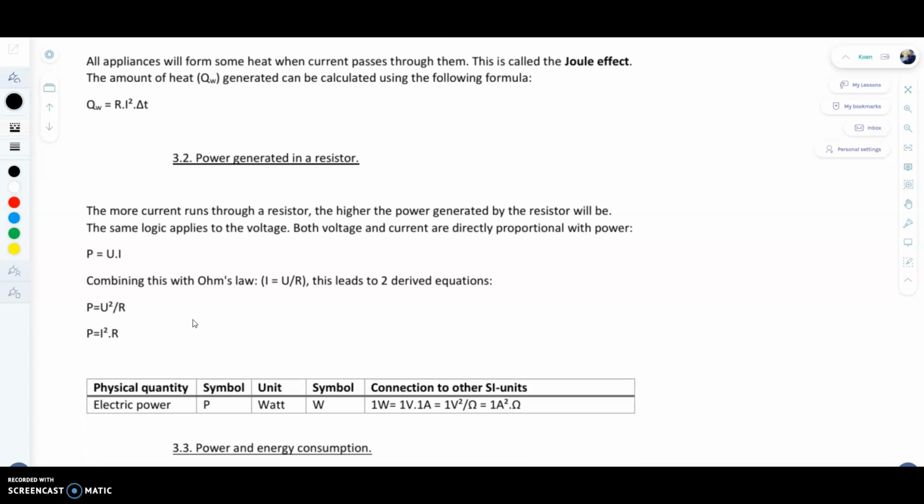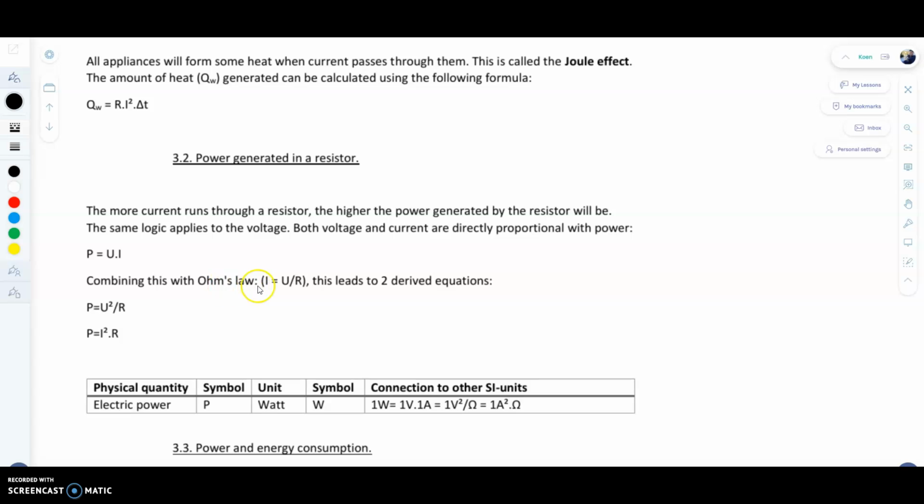Now, a resistor or an appliance also has a certain amount of power associated with it. The more current runs through a resistance, the higher the power generated by that resistor would be. The same logic applies to voltage. Both of these are directly proportional with power, meaning the amount of power a device or a resistor has is voltage multiplied by current in this case.